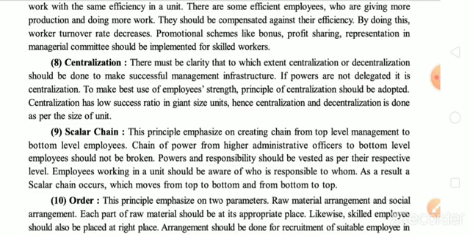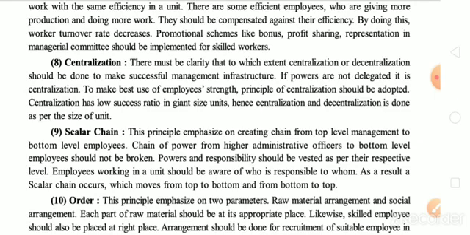Next, if powers are not delegated, it is centralization. As we already discussed, if powers and authorities lie with the top level management itself and are not delegated among the middle and bottom level, then it is called centralization. To make best use of employees' strength, the principle of centralization should be adopted.